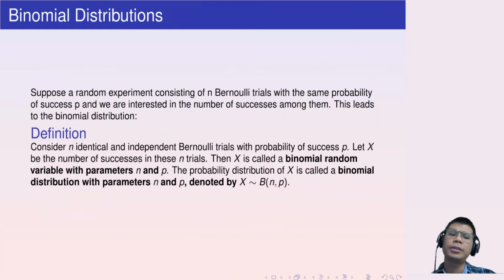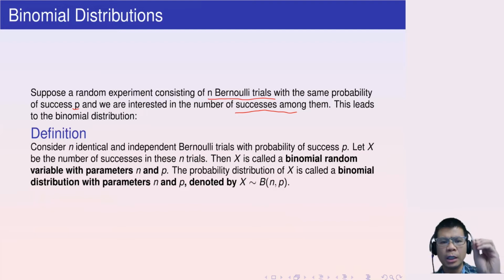Now let's consider a random experiment consisting of n Bernoulli trials with the same probability of success, P, and we're interested in the number of successes among them. This is going to prepare us for the so-called binomial distribution.